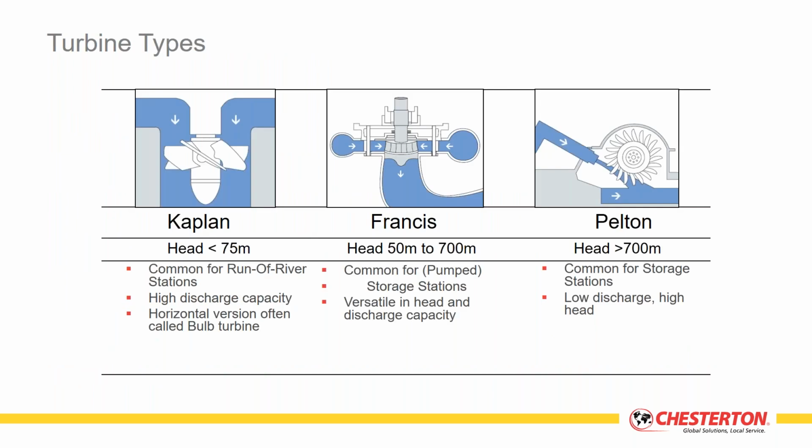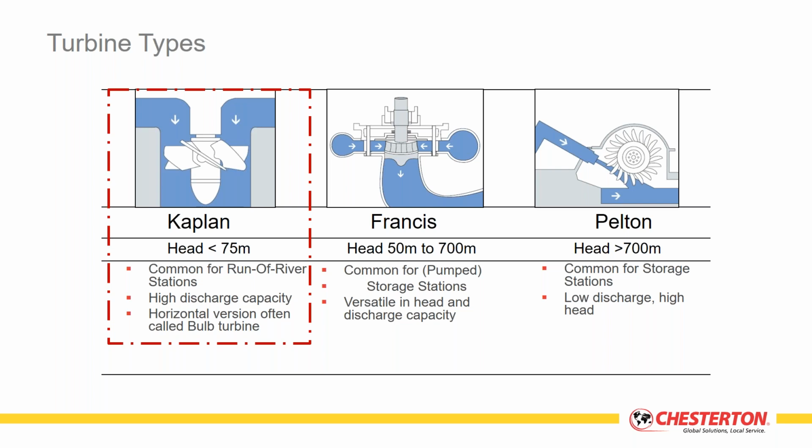When we are talking about the hydropower industry, there are three major types of turbines used in those technologies. First are the Kaplan turbines, then Francis and Pelton. Obviously, the turbines are used in different shapes, depending on the operating conditions of the hydropower plant itself.